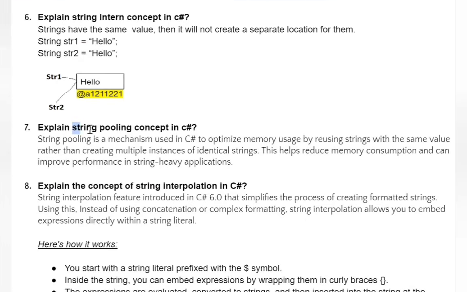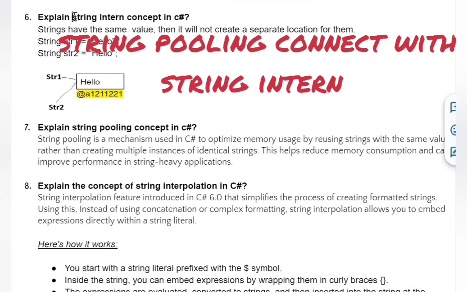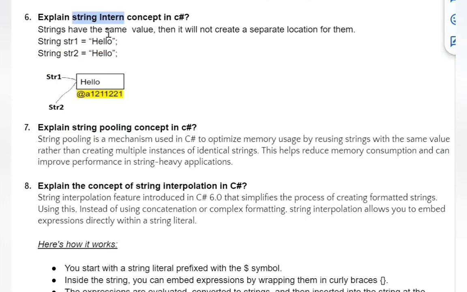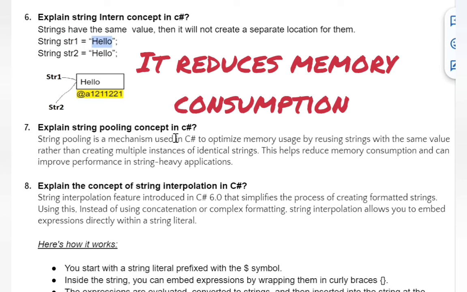The next one is string pooling, which is related to string intern only. The concept by which string intern knows that we have some variable having the same value in memory is called string pooling. The process by which str2 knows that we already have some variable having the same value is called string pooling.